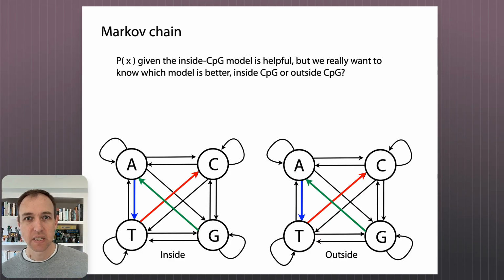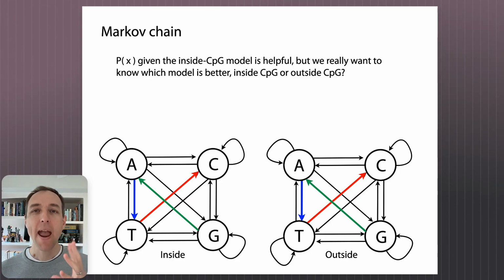The next thing I want to discuss, and it's actually kind of convenient that we have this log trick for this discussion, is that our whole goal was to compare whether sequences seemed to come from inside or from outside CpG islands. And we've already shown on multiple slides up to now 2 different Markov chains, right? A Markov chain of 16 probabilities that we computed on examples from inside CpG islands, and then another 4x4 table of conditional probabilities that are computed over examples that came from outside CpG islands.